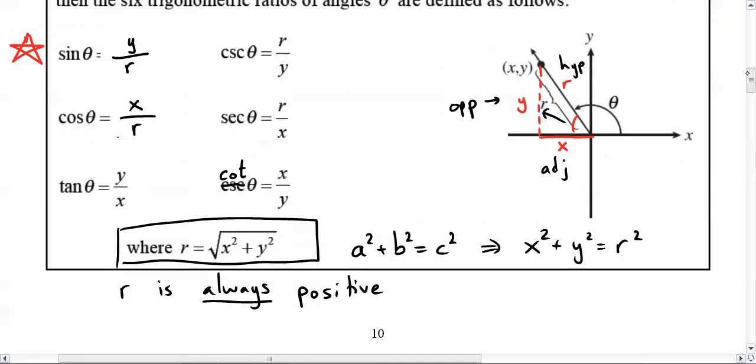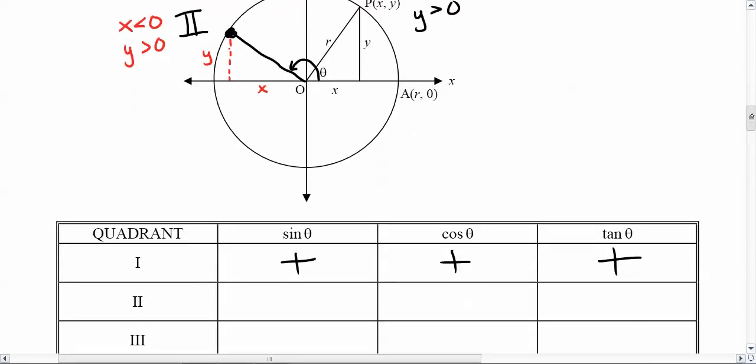Cosine is x over r. Since r is always positive, cosine here will be negative. Tangent is y over x, which is a positive over a negative, so the answer is negative. And sine is y over r, which is a positive over a positive, so the result is positive.